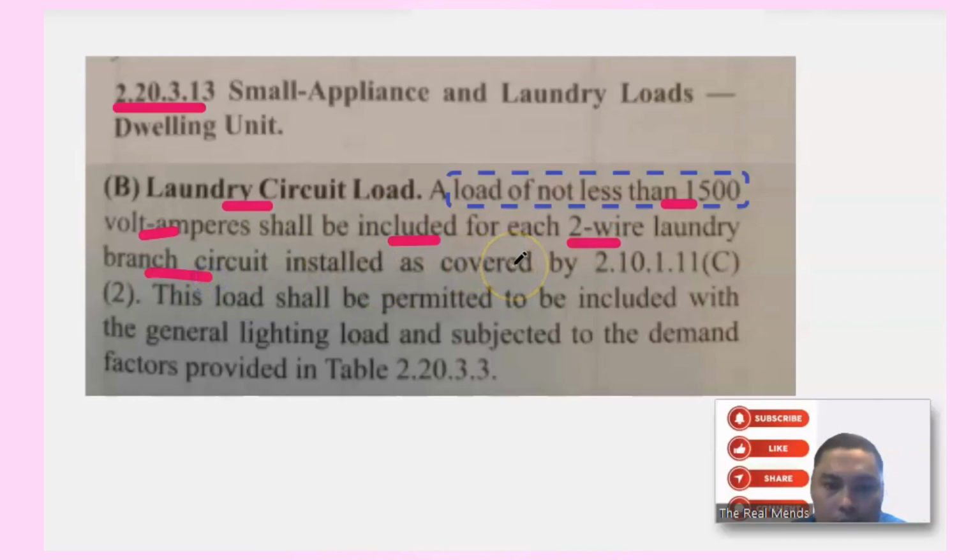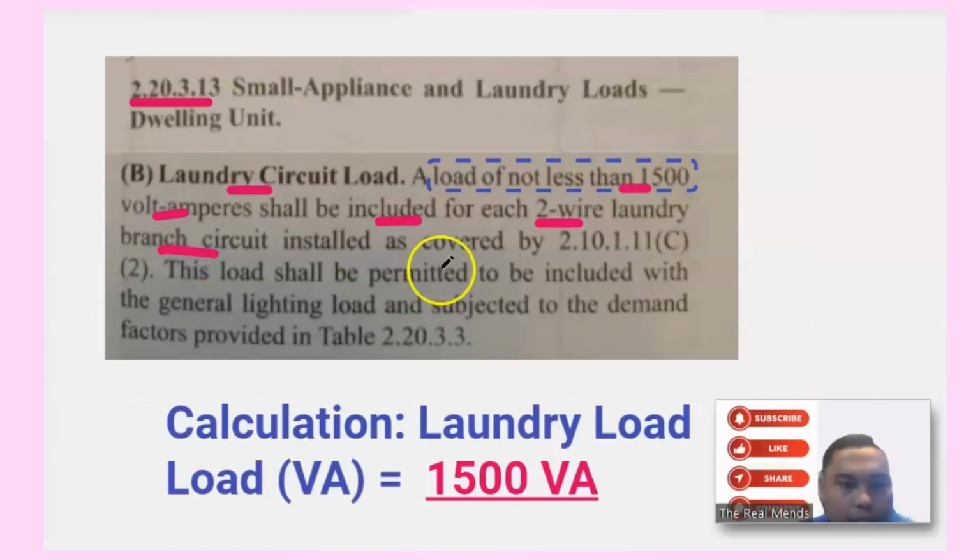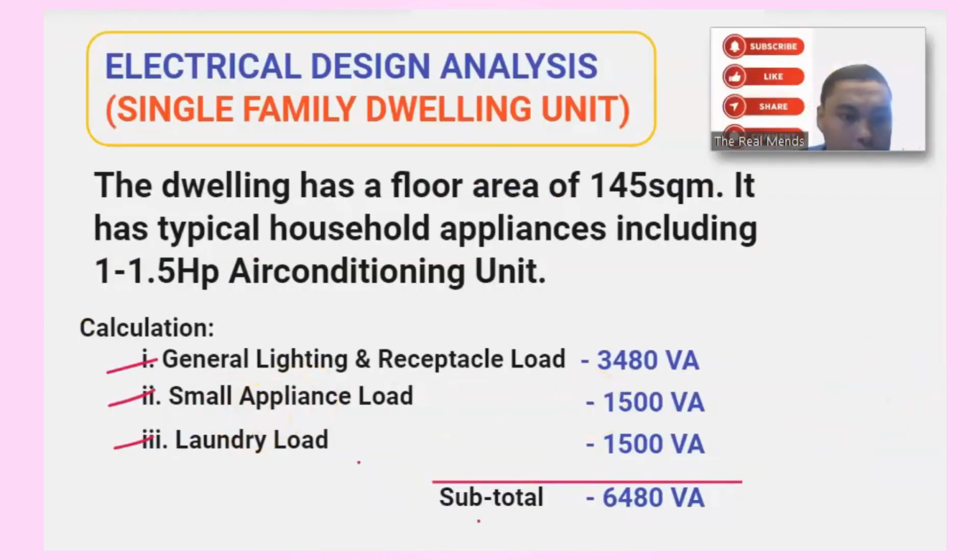So malinaw dyan that yung laundry load daw is 1,500 VA. So for calculations for laundry loads, we have 1,500 VA. So galing din siya sa PEC. So let's use this value again. Okay, so from the PEC, for our laundry loads, we have 1,500 VA.